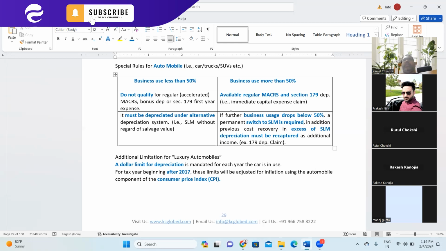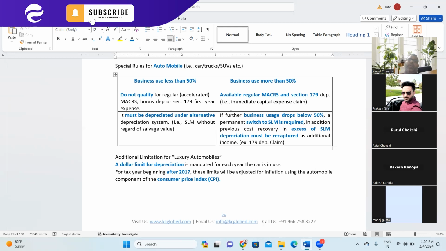And if in an earlier year you have charged additional depreciation or bonus depreciation, you need to recapture it, right? So the recapture of depreciation is also here.